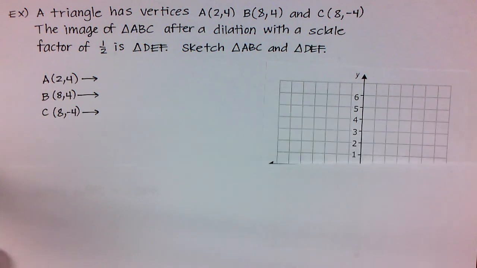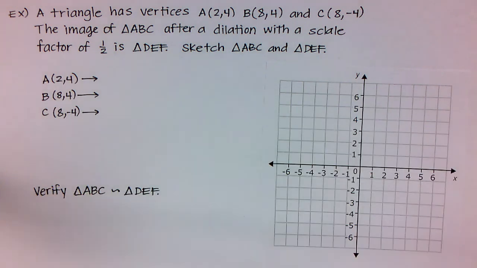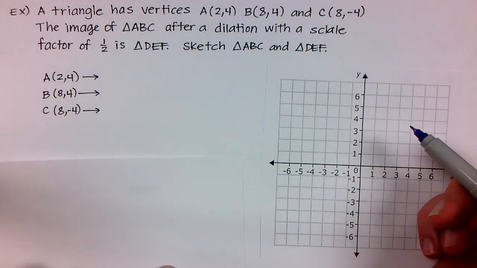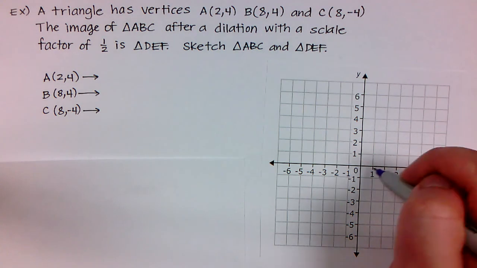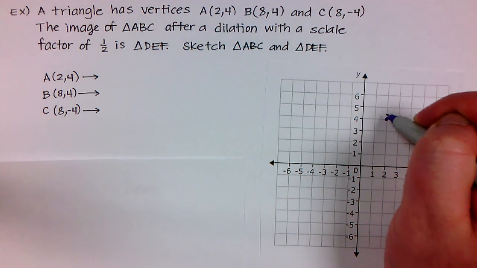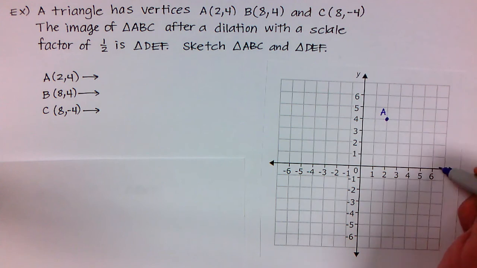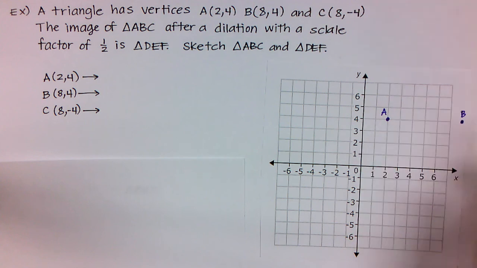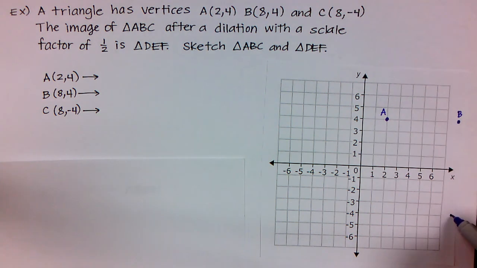So I have my points here already written out. So let's go ahead and just graph those for the beginning image to see what we're dealing with. So A is at 2, 4. B is at 8, 4, and I do not have enough room. And C is at 8, -4.